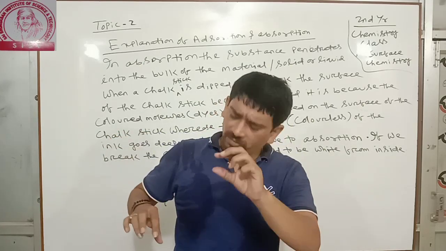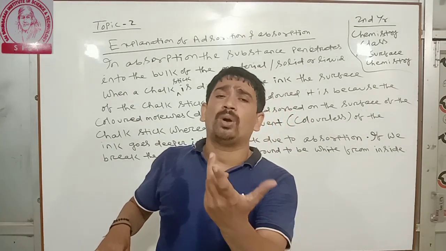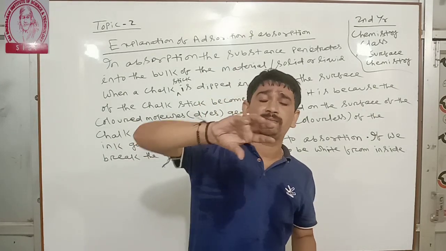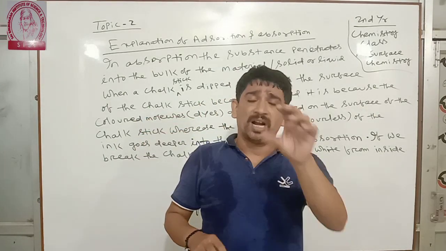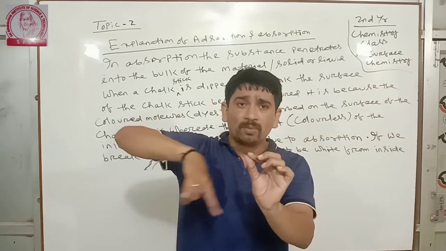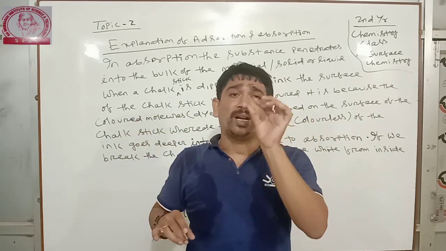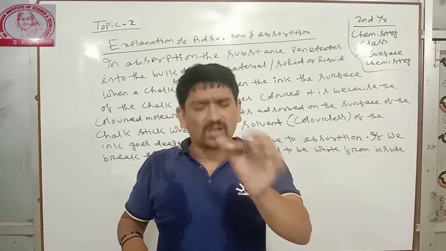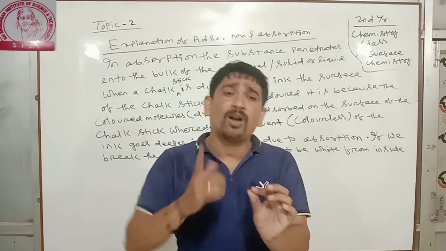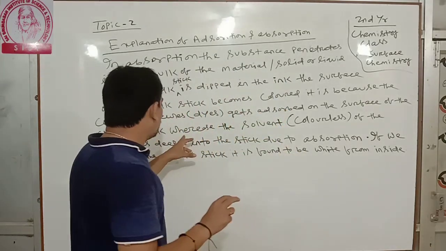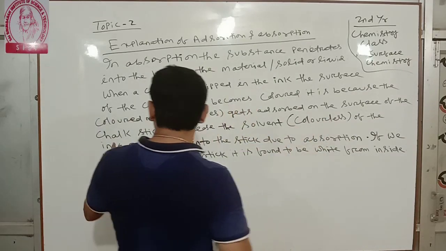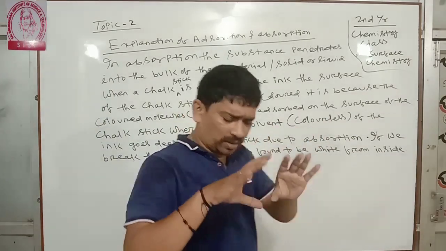Absorption occurs throughout the bulk of the material, but adsorption is a surface phenomenon, because dyes get adsorbed on the surface of the chalk stick. So that is a surface phenomenon, but absorption is a bulk phenomenon, because the solvent or colorless part of the ink goes deeper into the stick due to absorption.